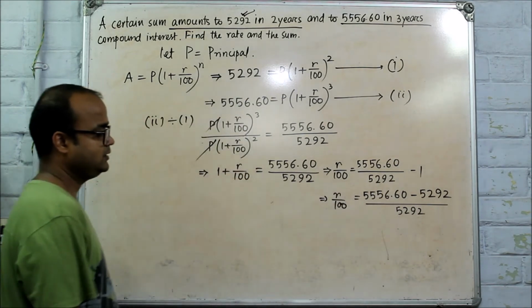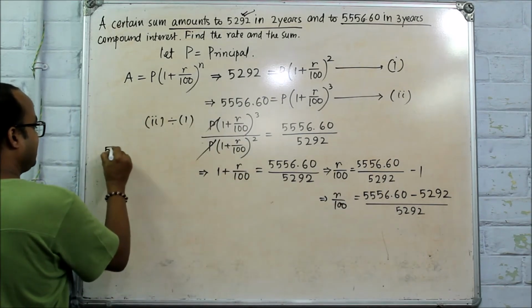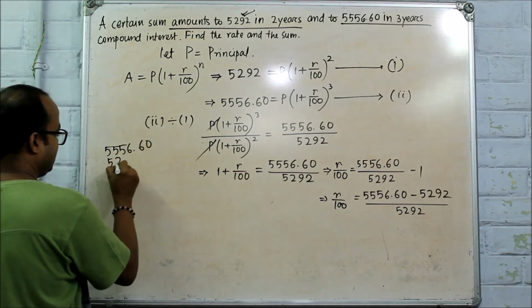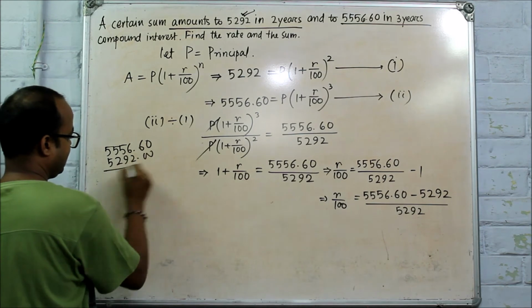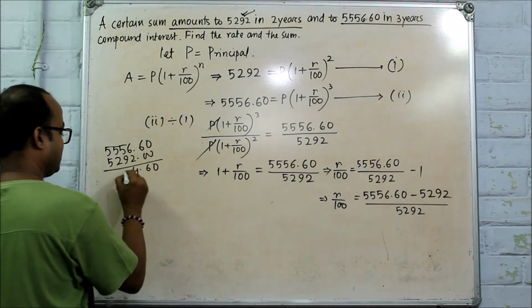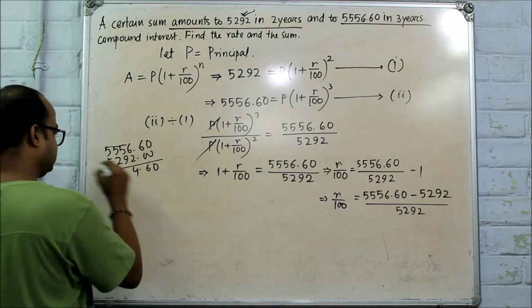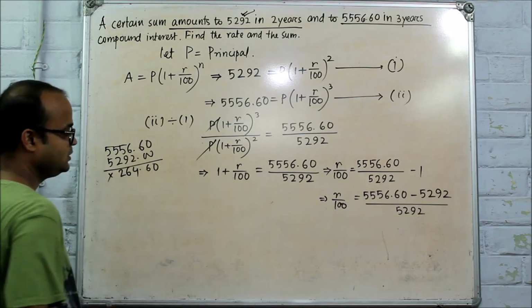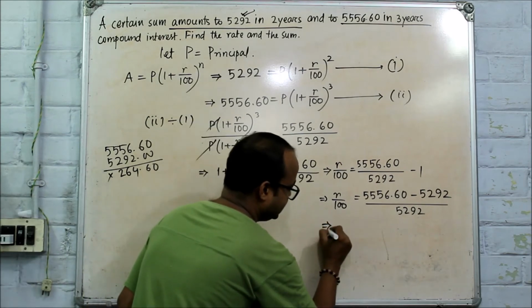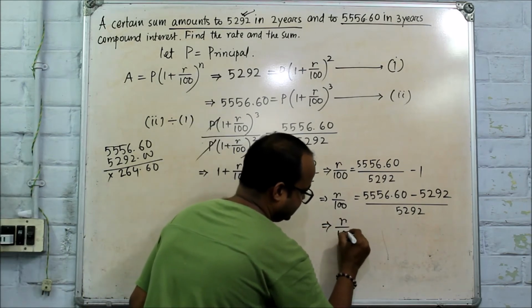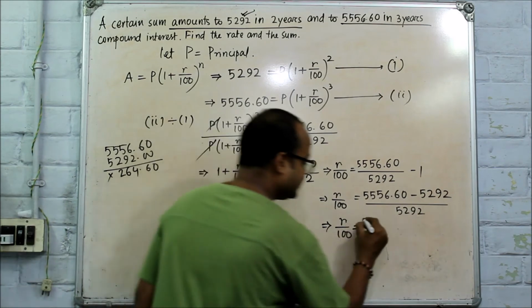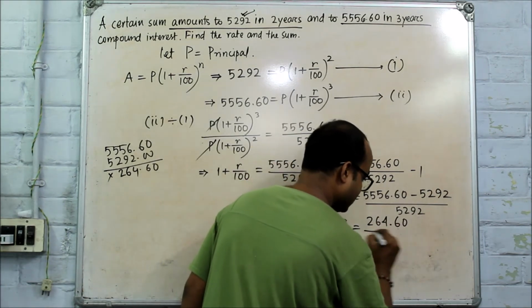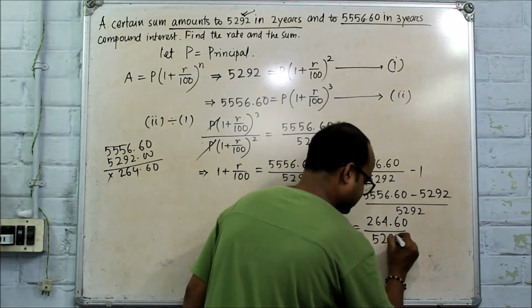Now subtract these two. So it implies R by 100 is equal to 264.60 by 5292.